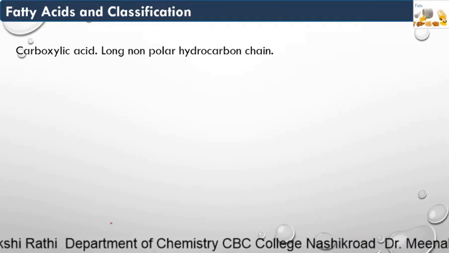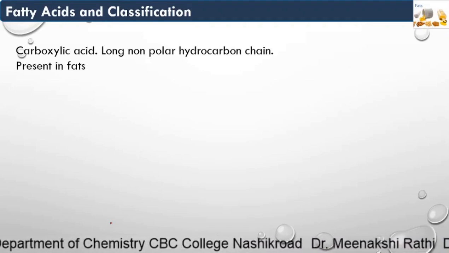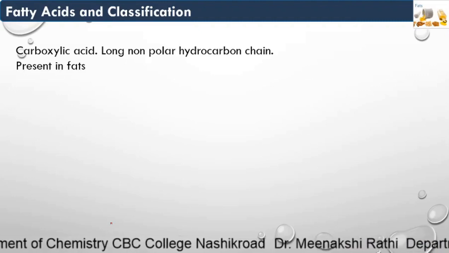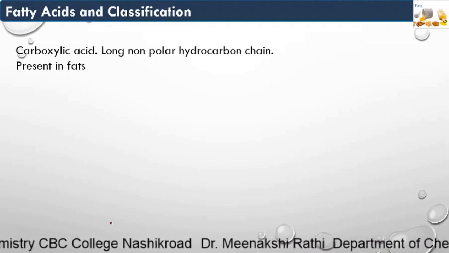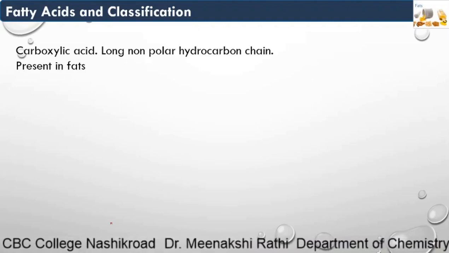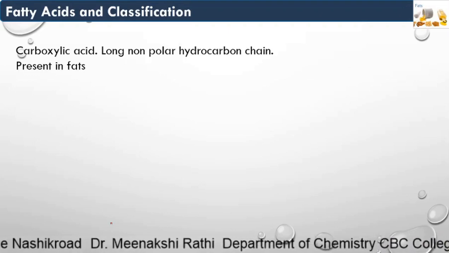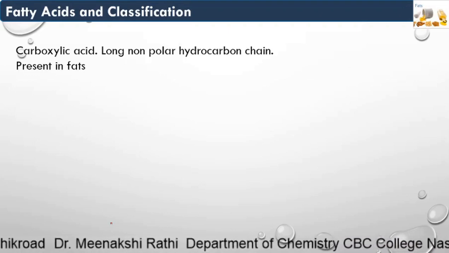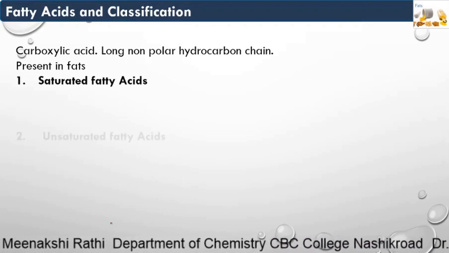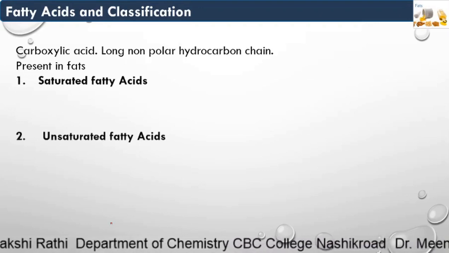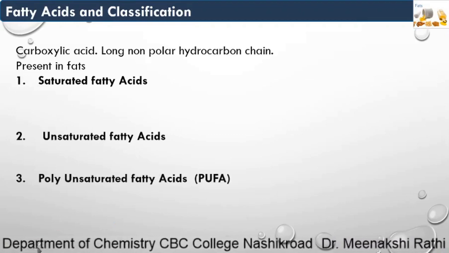They are the simplest form of lipids, and as all these acids, long hydrocarbon chain carboxylic acids, are present in fats, these are called fatty acids. Fatty acids are classified in three different forms. First is saturated fatty acid, second is unsaturated fatty acid, and the third one is polyunsaturated fatty acid.